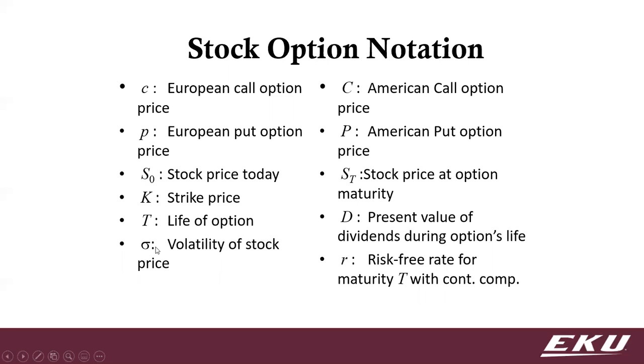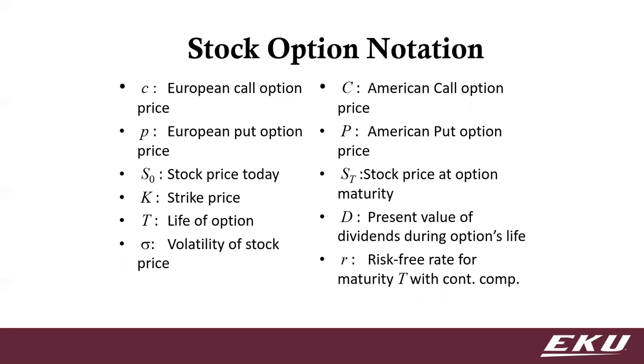Sigma, if you remember in statistics, we used a mu for the mean and sigma for the standard deviation, right? And so you can think of this as the standard deviation of the stock price around whatever the current price is. So you can think of how much the stock is jumping up and down.